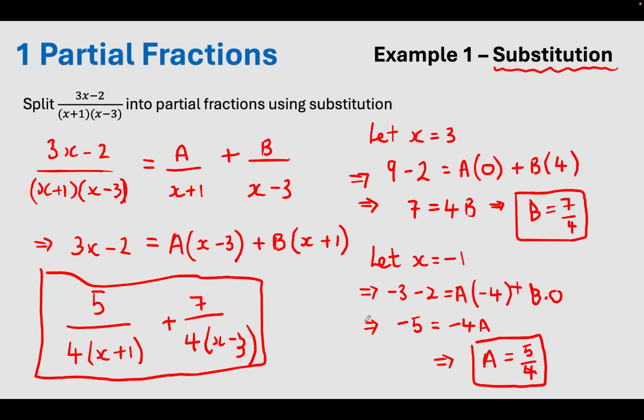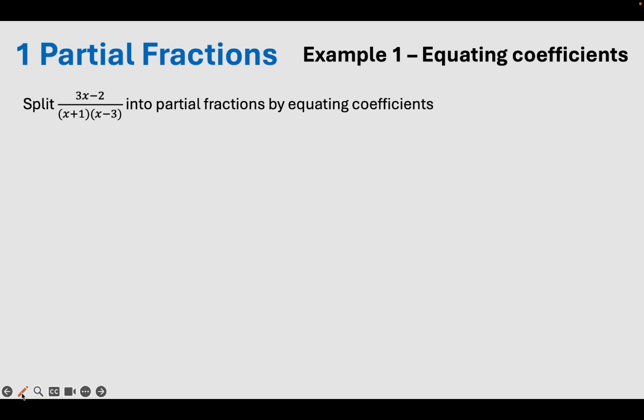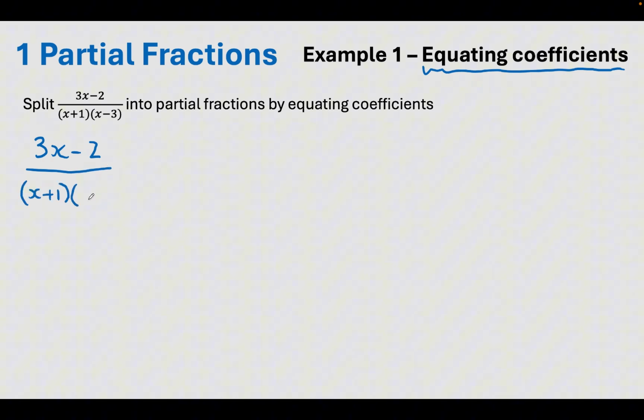Now, moving on, let's do the same example, but using a slightly different method. This time we're going to use equating coefficients. It starts off exactly the same. So I get 3x minus 2 over x plus 1 multiplied by x minus 3, and this equals exactly the same, a over x plus 1 plus b over x minus 3.